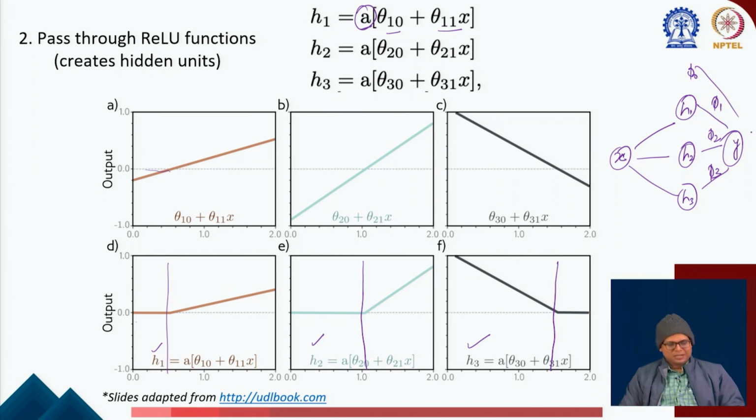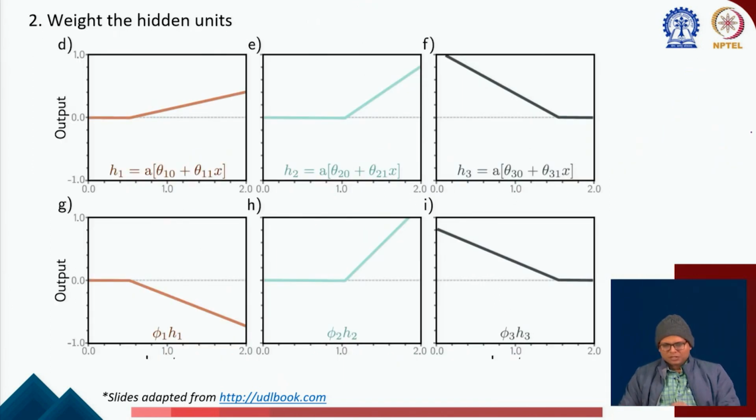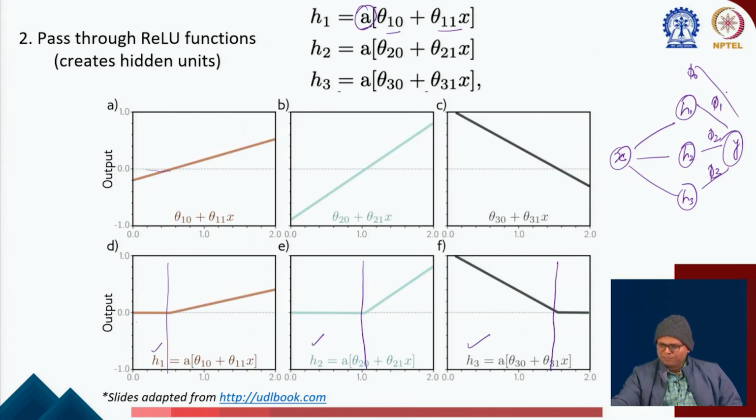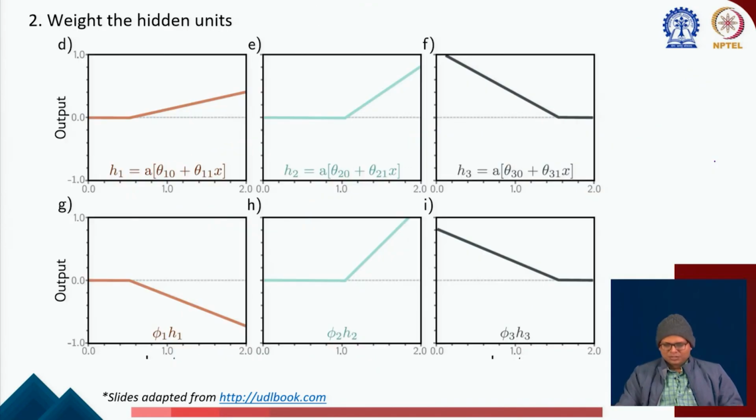That is how I will get Y. That means first I have to see what happens if I multiply them by some weights. Now, phi 1, phi 2, phi 3 are just scalars, so they can be positive or negative. So like here, applying phi 1, you can immediately guess phi 1 is a negative weight, right?